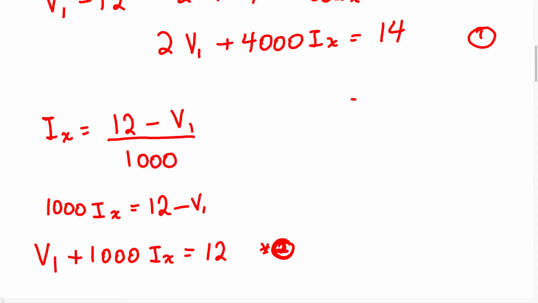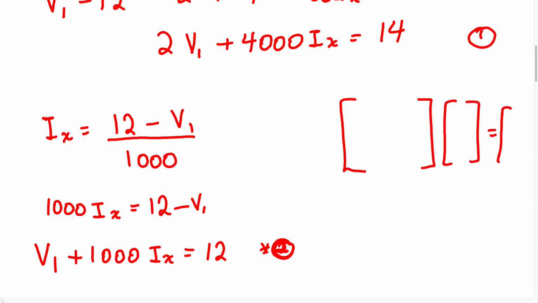So I'm going to have a 2 by 2 matrix. We know for the first equation, we're going to have a positive 2 and a positive 4000. The unknowns are going to be V1 and Ix. And for the first equation, it equals a positive 14. Now for the second equation, we have positive 1, positive 1000, and that's going to equal positive 12.